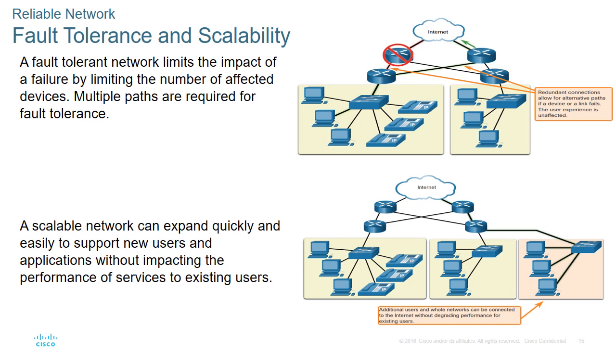If you see, one particular router is marked with a red circle. For example, understand that that router is not working. The network connected with that router, how will it access the internet? So if that router fails, the network associated with it cannot access the internet.